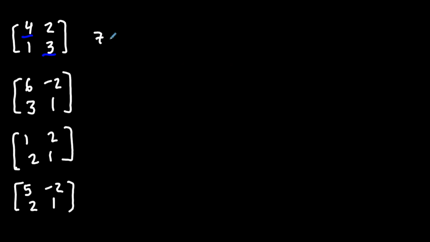So the eigenvalues are going to be 7/2 plus or minus the square root of whatever you got for your mean squared, so 49 over 4, minus the determinant of the matrix.